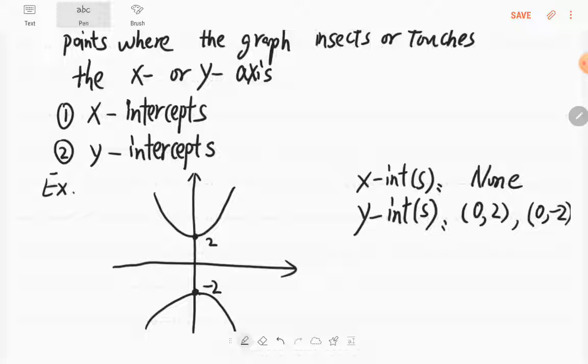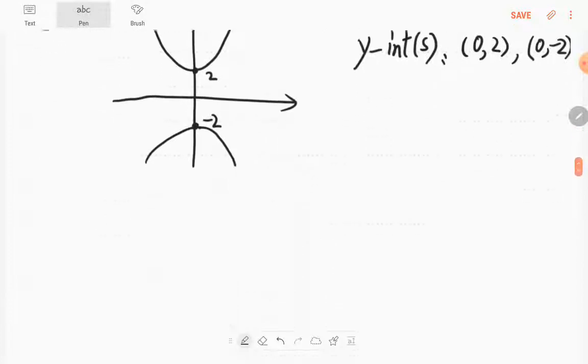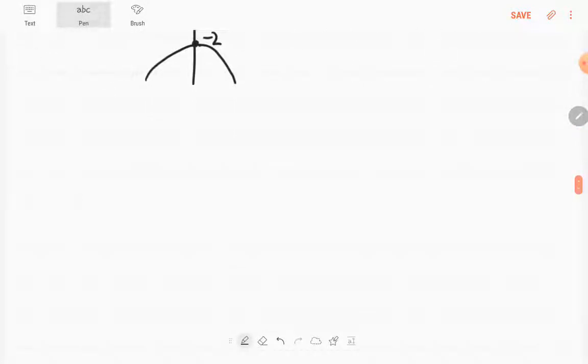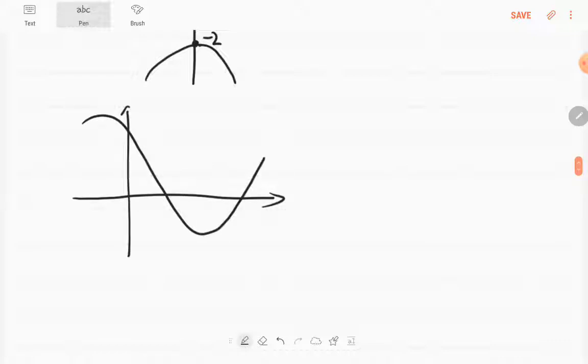So if we have this one, this is the y-intercept, and this is the x-intercept, and this is the x-intercept, right? We notice that these points are on the curve, so they should satisfy this equation, this function.